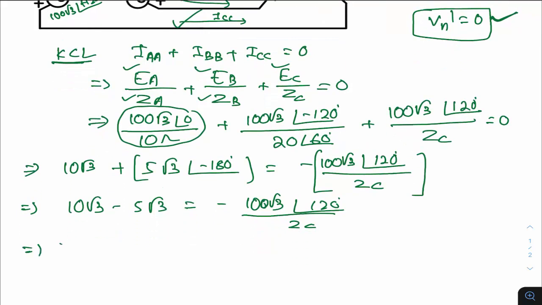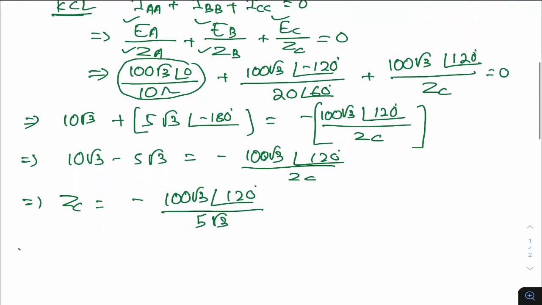So this implies ZC is basically minus of 100 root 3 at an angle of 120 degrees divided by 10 root 3 minus 5 root 3, which is basically 5 root 3. So ZC is equal to minus of, root 3 cancels, 100 by 5 is 20 at an angle of 120 degrees.